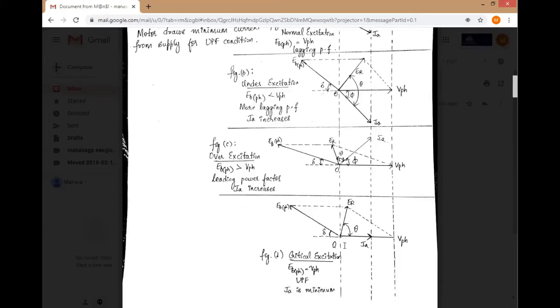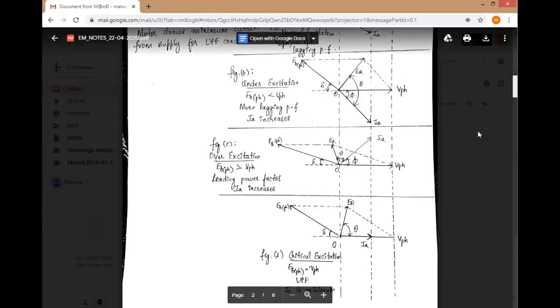This condition is referred to as critical condition, and the value of current is minimum in critical condition. The current drawn by the motor under unity power factor will be the minimum current the motor draws under its operation. So this topic, the operation of synchronous motor under variable excitation and constant load, is important from the exam point of view.